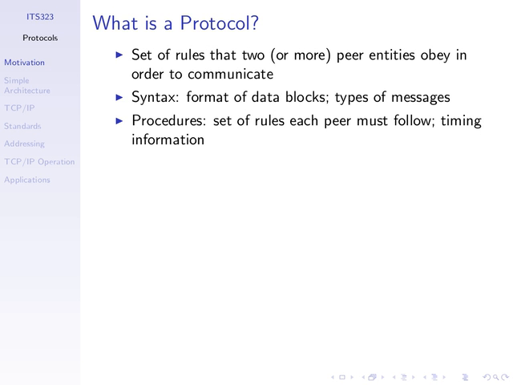We spend a lot of the course looking at different protocols. The entities involved in the communication may be two, or more in some cases. There may be one computer to multiple other computers, but we'll focus mainly on the case of one computer to another computer, two entities communicating.